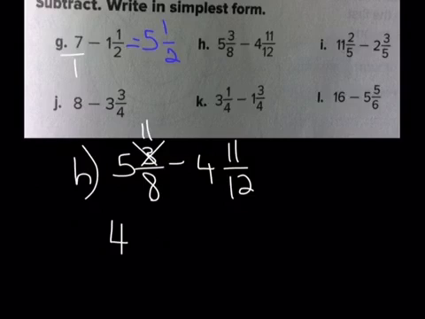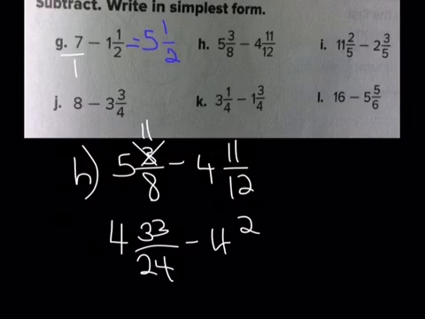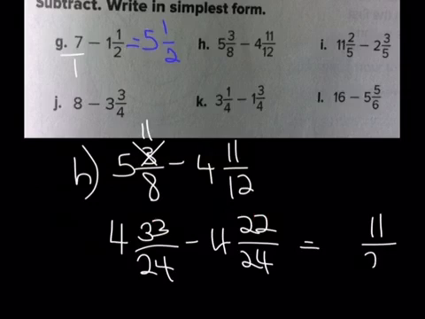So now that it's 11, I have to triple that, 11 to 33, and my 8 is tripled to 24. Double this because I have to double the bottom to 24. Now I can go ahead and subtract. So now I have 33 minus 22 is 11 over 24. And that's all I have because 4 minus 4 is 0.